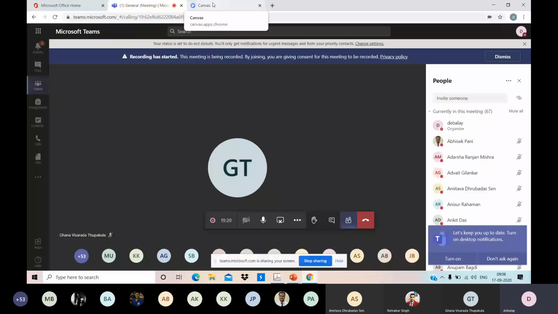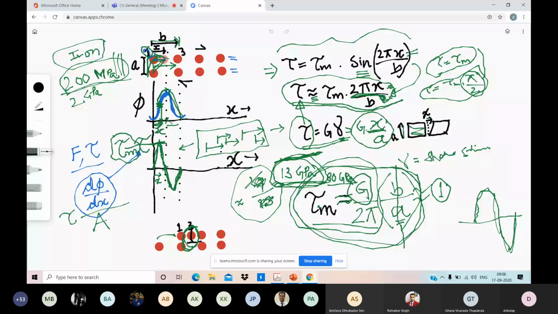So, coming back to the simple derivation we have done yesterday regarding shearing of the two planes along with their top and bottom part upon the application of a shear stress.